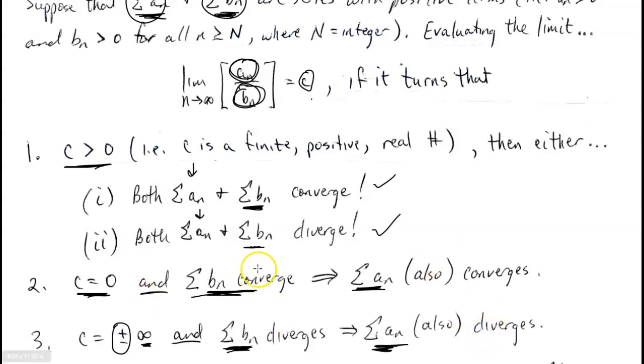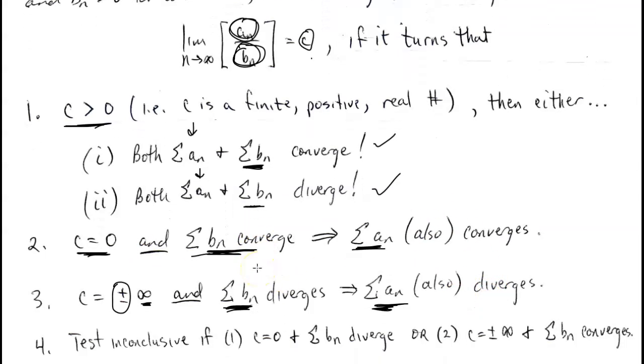Okay, so number 4 here says that this test will be inconclusive if it doesn't meet one of these earlier 3 conditions. Specifically, if C is equal to 0, like we have here, but we know that our series here, the bigger series, diverges, then this is one condition where limit comparison test is not going to help us.